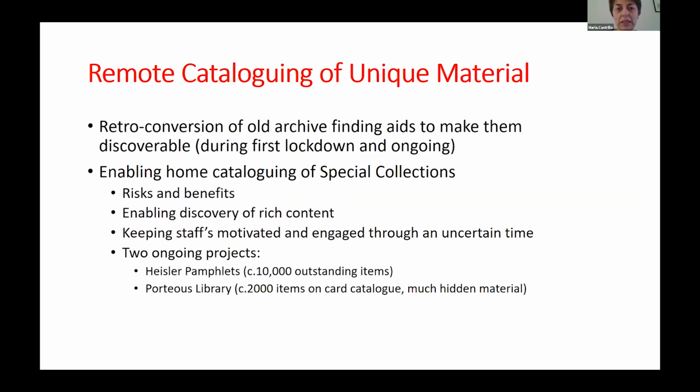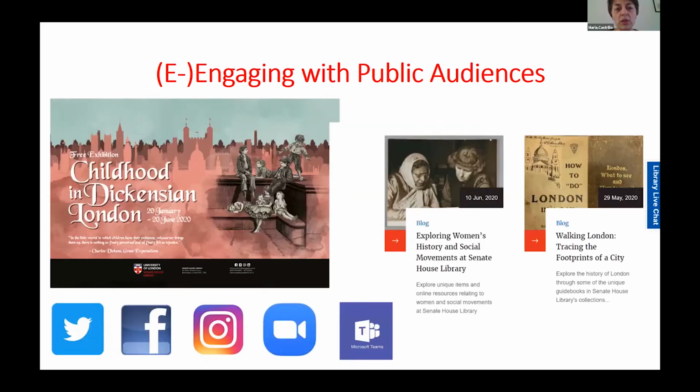Another area where we have tried to open up our collections, particularly for public audiences, has been through our public engagement program. So obviously our exhibition space had to close down to the public quite early on in March, and we switched all our activity to the online exhibition, which replicated the physical exhibition.